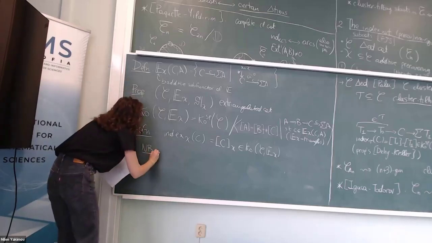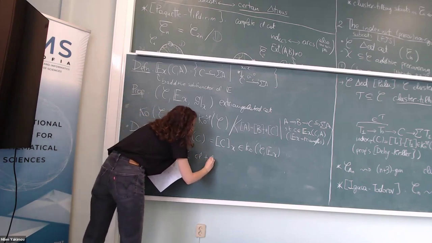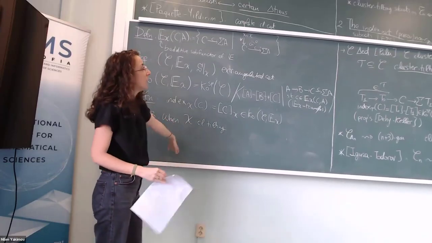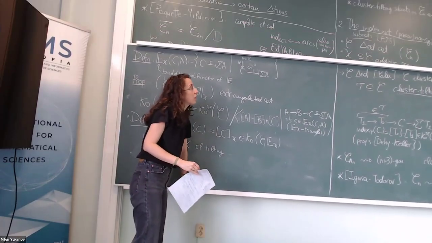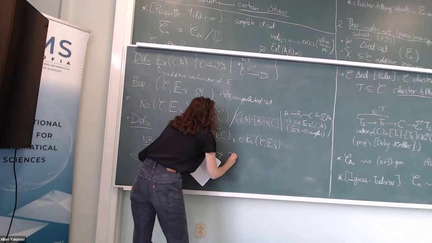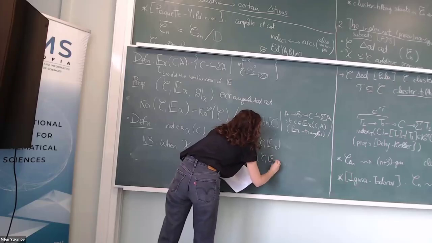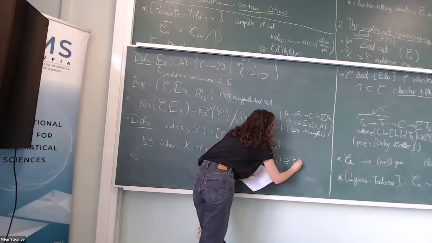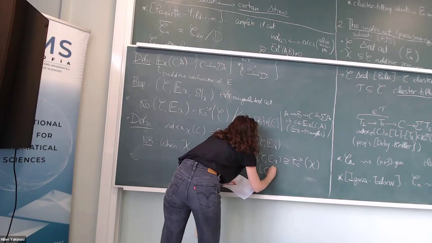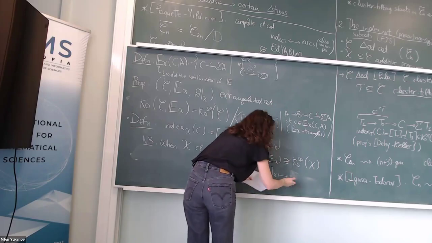But actually, when X is cluster tilting, so in the special case of cluster tilting subcategories, because our X is still an additive subcategory that's covering, and cluster tilting subcategories are a very special subset of these X's we're looking at, then K0 of T_X will be isomorphic to the split Grothendieck group of X, and under this isomorphism, this class is sent to the index as defined before.